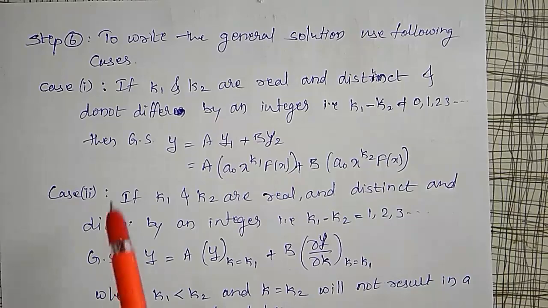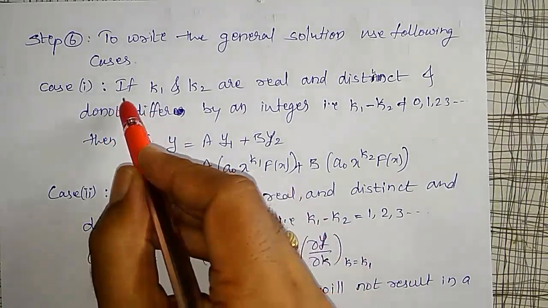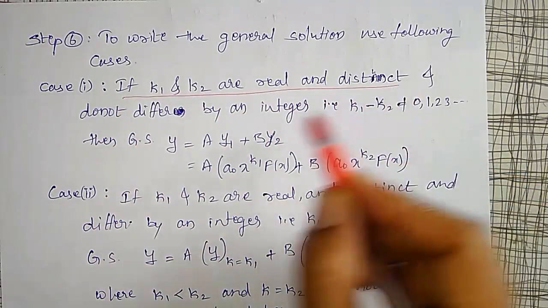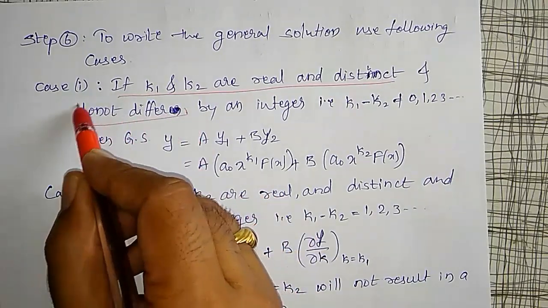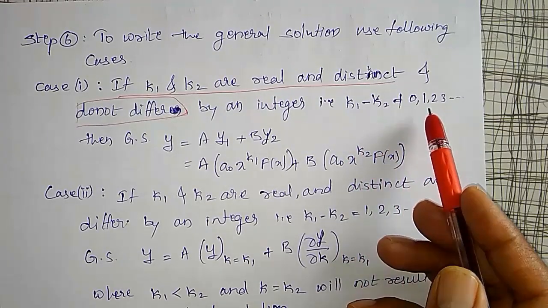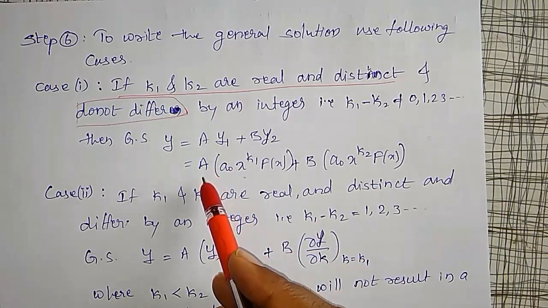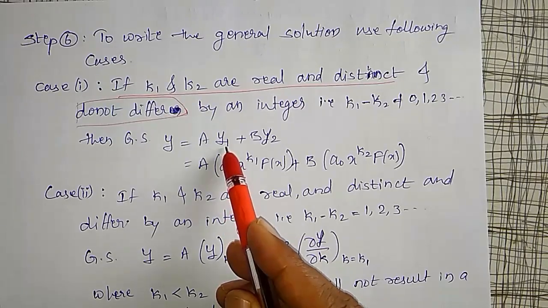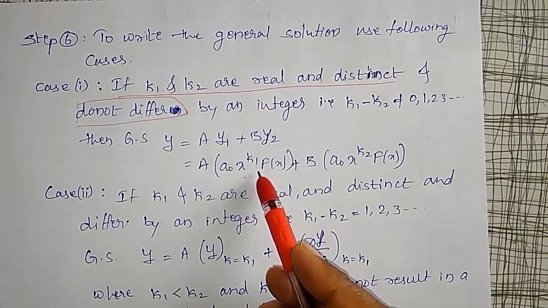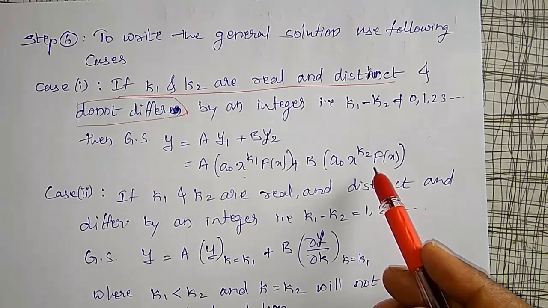After substituting in the assumed series solution, to write its general solution we have to follow three different cases depending on the roots k1 and k2 of the indicial equation. Case one: if k1 and k2 are real and distinct, important, and do not differ by an integer, that is k1 minus k2 is not equal to 0, 1, 2, 3, then we assume the general solution as a into y1, where in y1 k is replaced by k1, plus b into y2, where k is replaced by k2 in the previous solution.